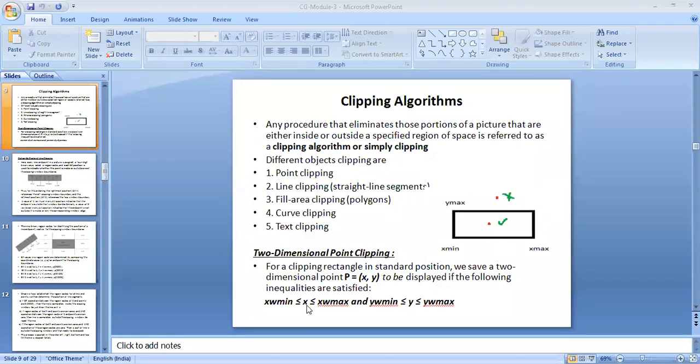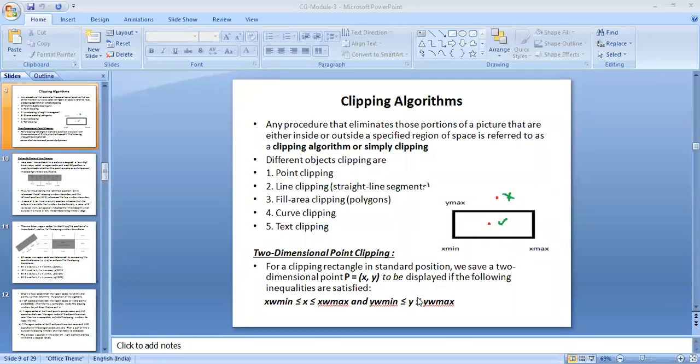If the x coordinate of the point is greater than x min and less than x max, I can retain it. This is x min and this is x max.